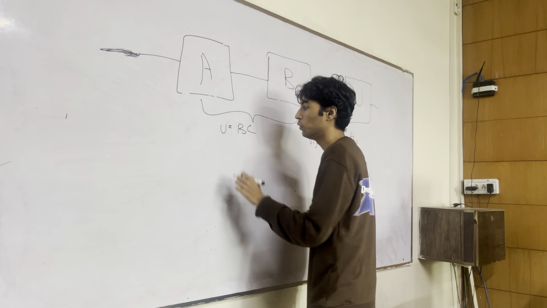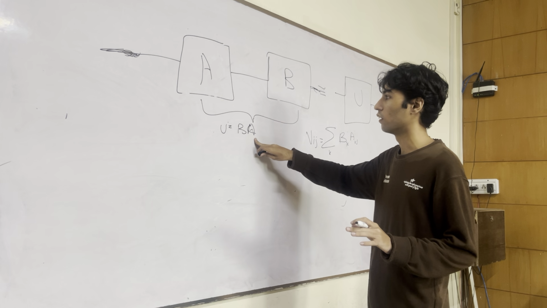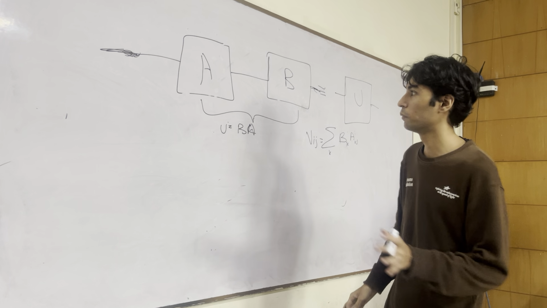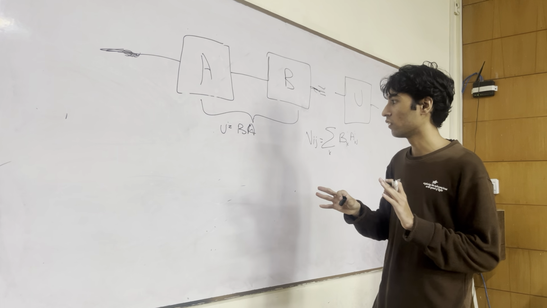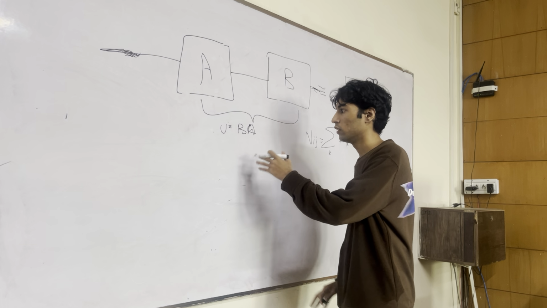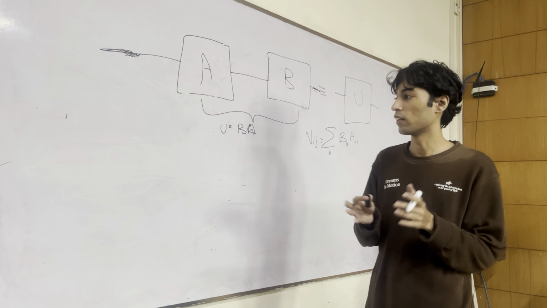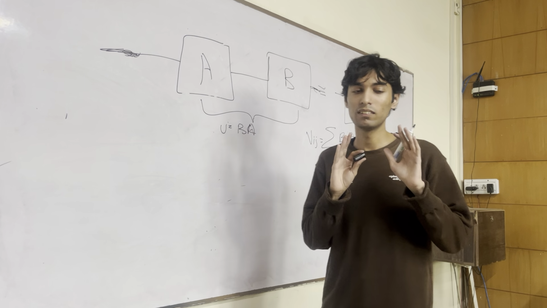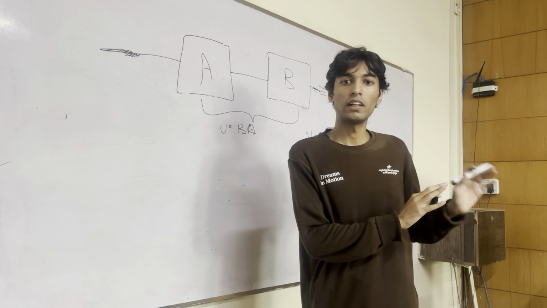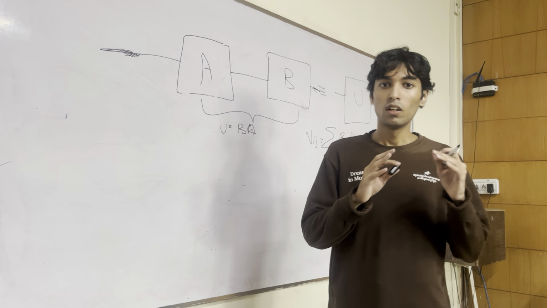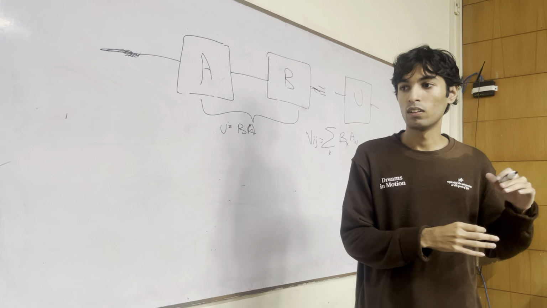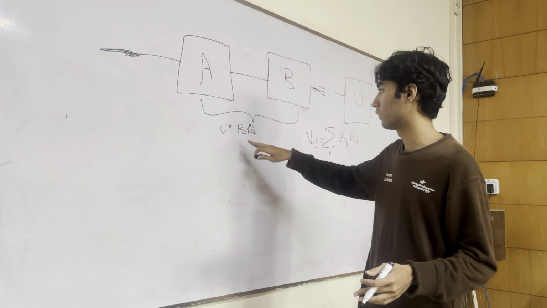That's why we give the multiplication as B and A. When we represent them in diagrams, we represent them as A and B, but when we put them inside an equation, we put them like B and A. I know it's confusing, and it's valid to get confused, but there is no need to worry about why it is this way.